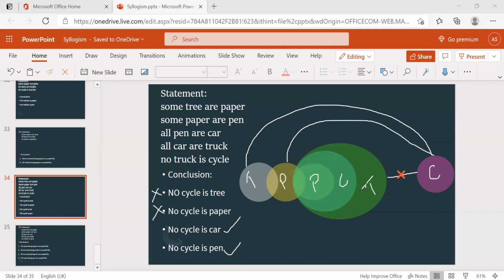Suppose one family is fighting with another family, and that family plans to beat them in one day. Unfortunately, some relatives come to this family, then that relative is also beaten, right? So of course no pen is a cycle. It's also a true answer.